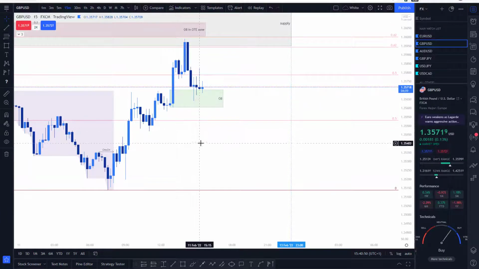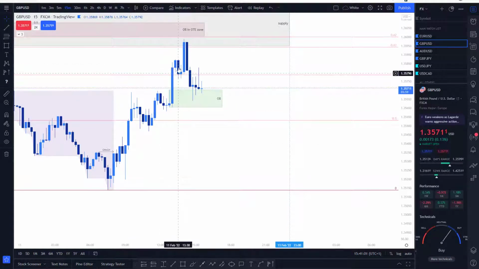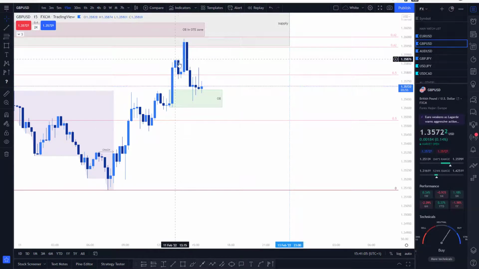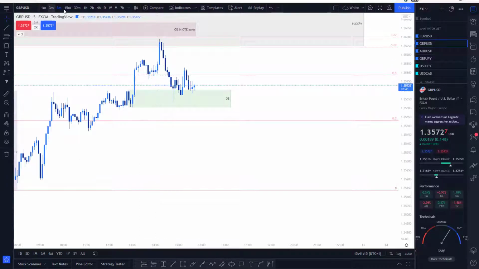The retrace, a valid retrace in a certain, let's say, the time frame that you are looking at, or I am looking at, is at least 2 bearish candles. So this is just one. It's a valid retrace zone on the 5-minute, but not on the 15-minute.